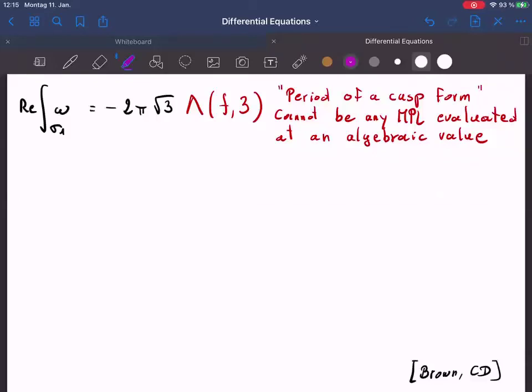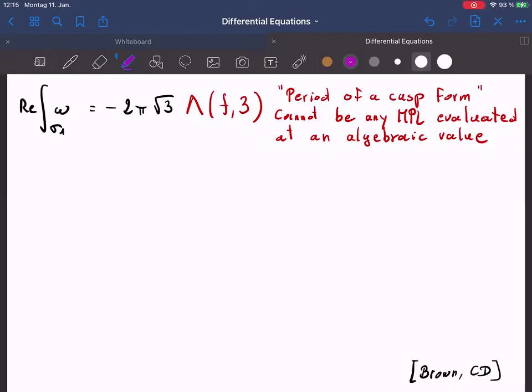It just does not work. Doesn't matter what this lambda f comma 3 is. The important thing is it's a known mathematical object that you know cannot be written in terms of a polynomial. So this is an iterated integral of d-log forms that you can never, ever write as a polynomial.